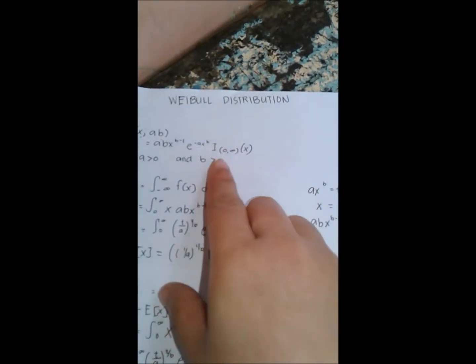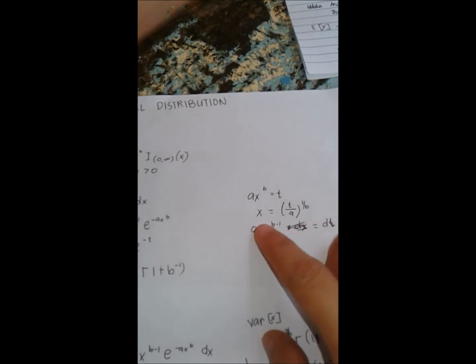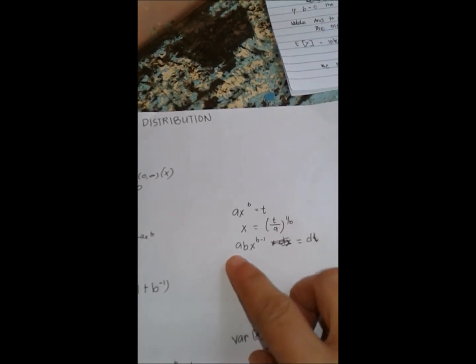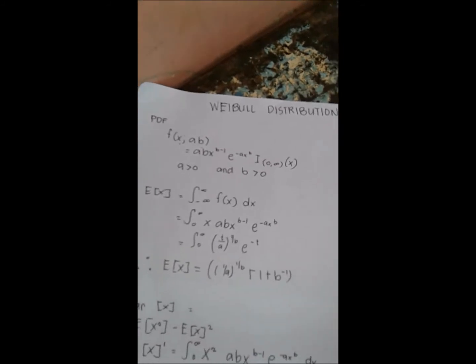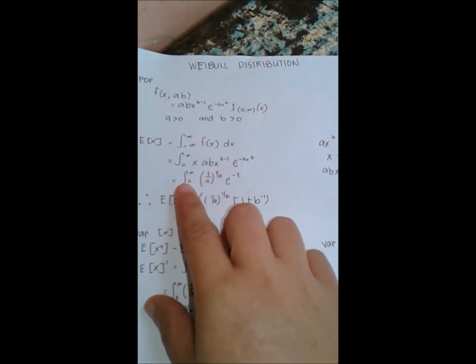And we will have this one, we have to change this one. So ax to the power of b here will become t. x is (t over a) to the power of 1 over b. Then abx to the power of b minus 1 dx is equal to dt. So we will change this one with this one.